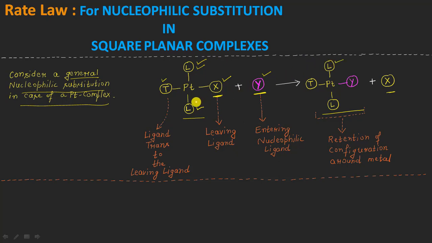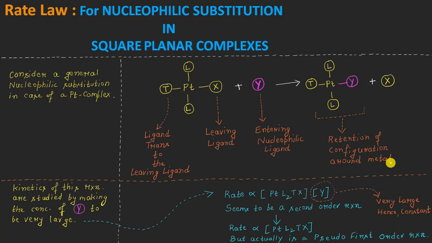Moreover, the orientation of even these two ligands is the same here as well as in the final product molecule, right? And the only difference is that in place of X, now we have this new nucleophilic ligand, that is Y. So we can call it a retention of configuration around the central metal ion, right? So what is happening in this type of nucleophilic substitution in a square planar complex is that retention of configuration around the central metal ion is taking place, right?